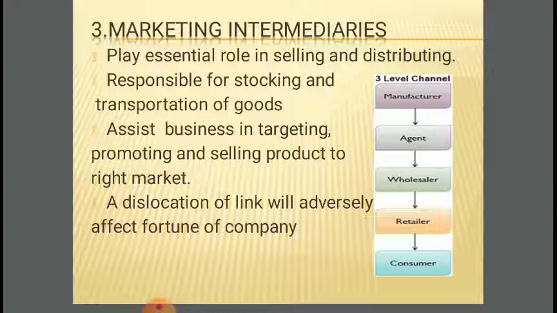Why did this happen? Because the company did not know customers well, they did not know how to play with the psyche of the consumer. It is only middlemen who are always coming in contact with the consumer, so it is the middlemen who know how to convince their customer. So boycott of the channel of distribution will be a disastrous decision for your organization.